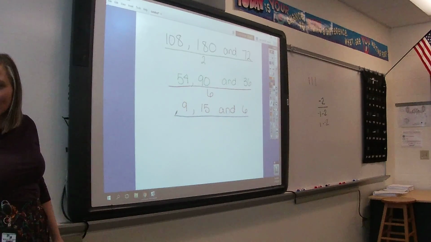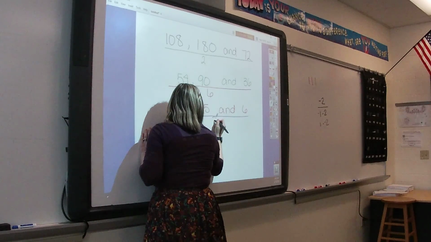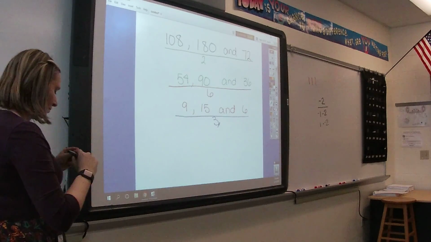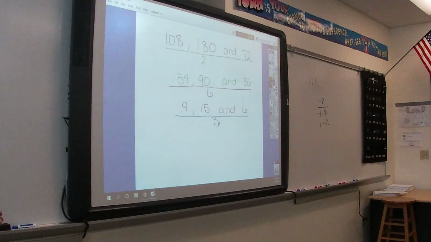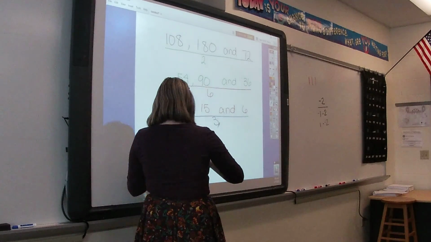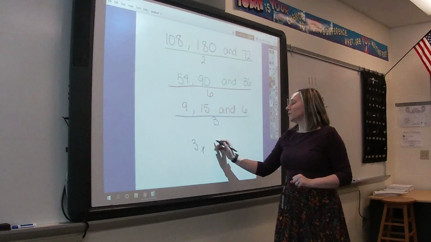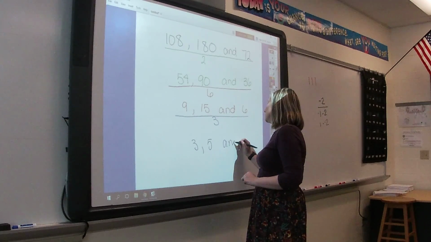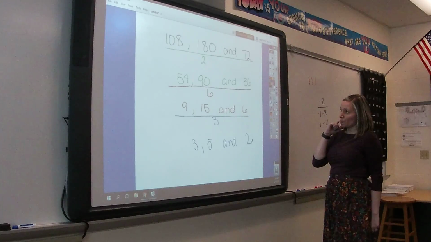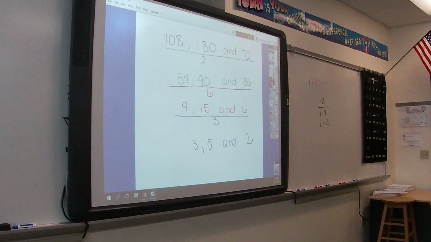And now we can do 3. 9 divided by 3 is 3. 15 divided by 3 is 5. And 2. Now it's 1, so we know we don't need to go any further.